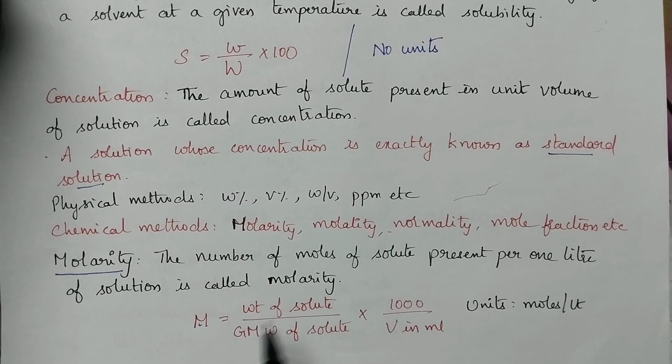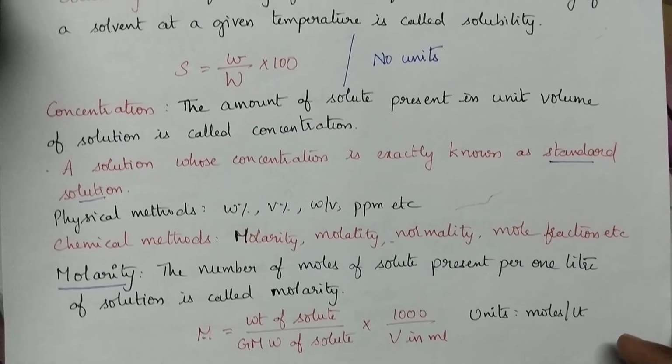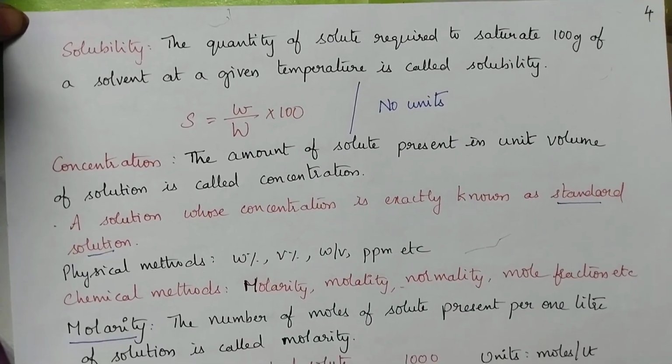So, on the whole, what is the expression for molarity? Molarity is equal to weight of solute divided by gram molecular weight of the solute into 1000 by volume of the solution in mLs. Units of molarity are moles per liter. Students, is it clear about the molarity?